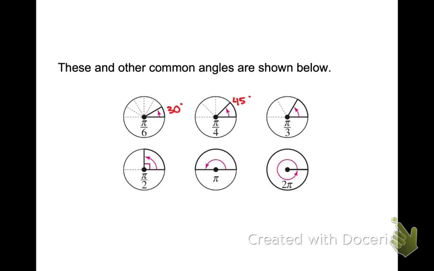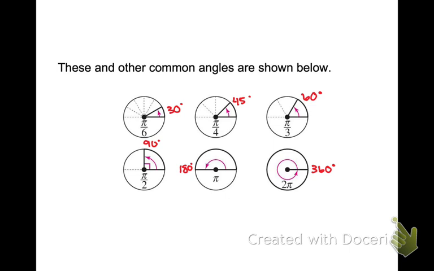Pi over 3 cuts it in thirds. So 180 divided by 3 is what? 60. Fractions are our friends, guys. It's going to be a lot about fractions. Okay, half of 180 is 90, 180, and 360.